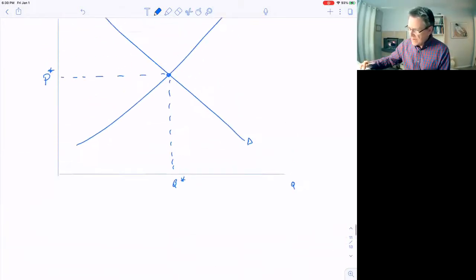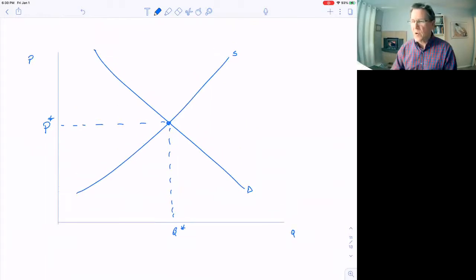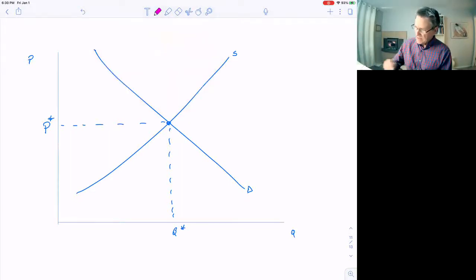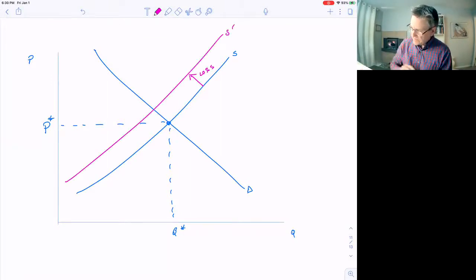And if they lose money, firms are going to exit the industry. If they make money, firms are going to be coming into the industry. So if there's a loss in the market, firms exit the industry and the price goes up.